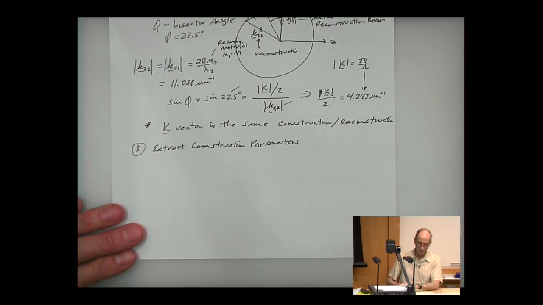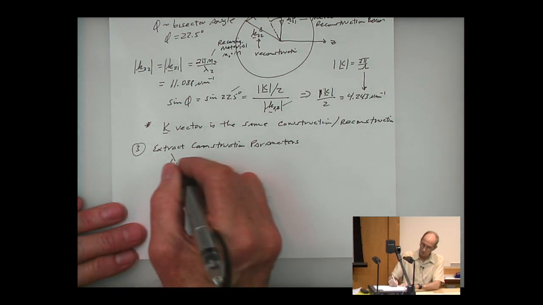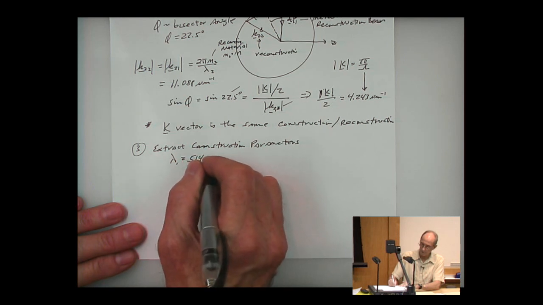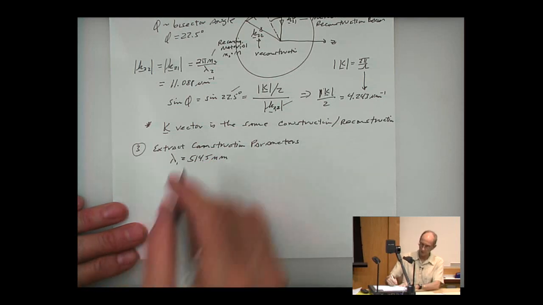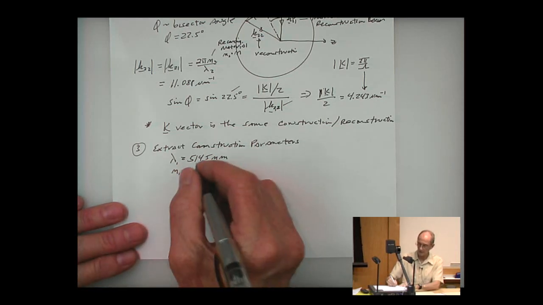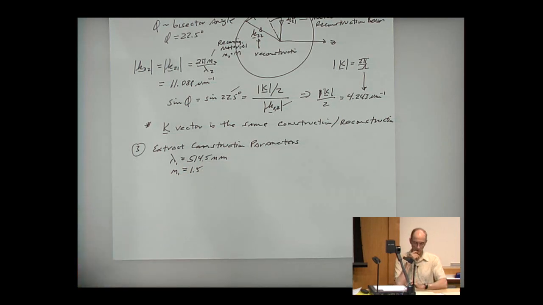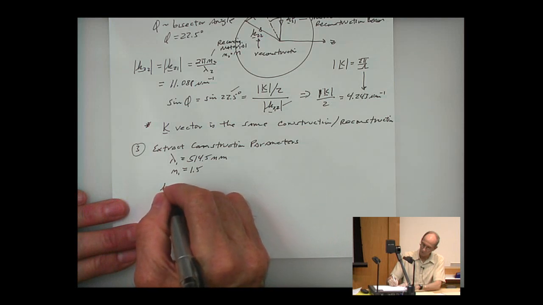All right. So, well, we know a couple of things, right? We know that lambda 1, for instance, is going to be equal to 514.5 nanometers, and we also have n1, which we'll assume is the same as n2, and that's going to be equal to 1.5. And so we have that K11.